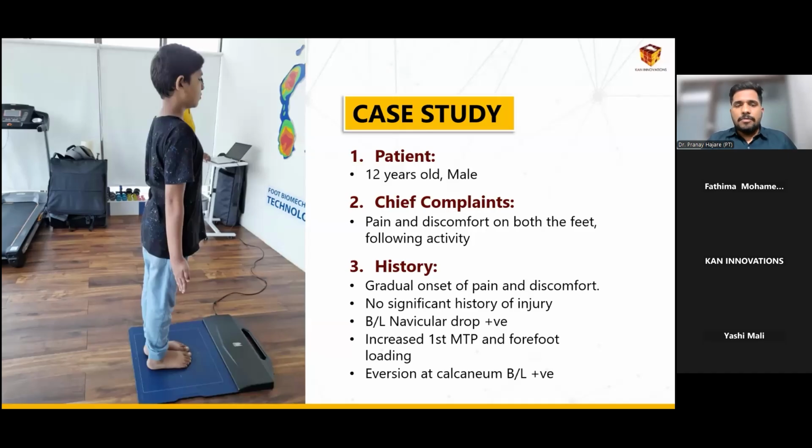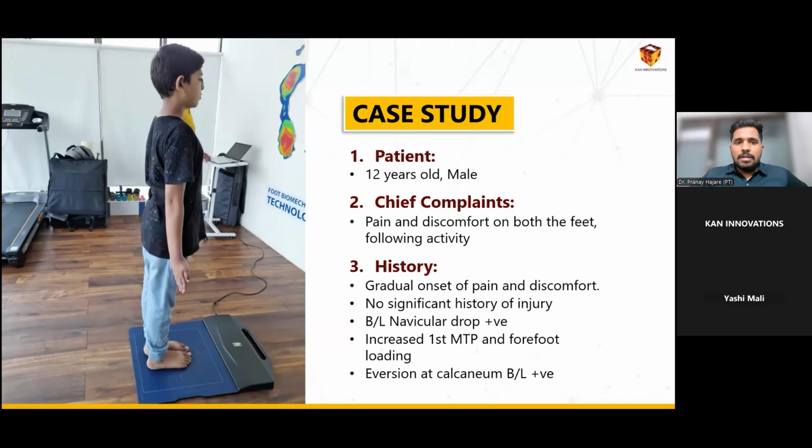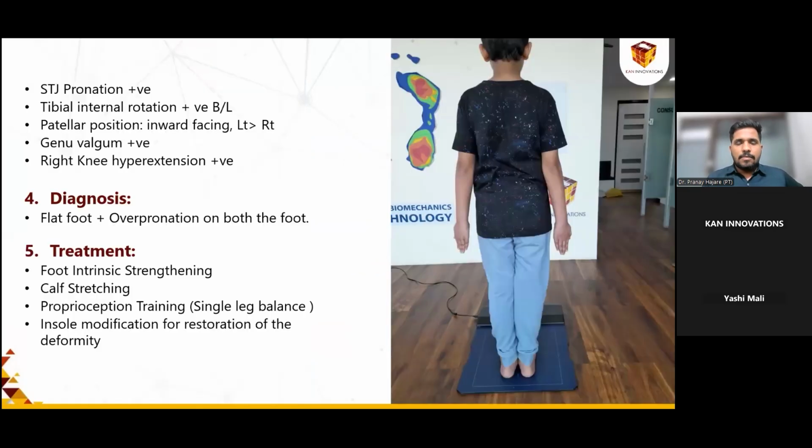On physical assessment, we found that the bilateral navicular drop test was positive, with increased first metatarsal and forefoot loading, and the calcaneus was in an everted position. Next, subtalar joint pronation was found. Next, tibial internal rotation was positive.